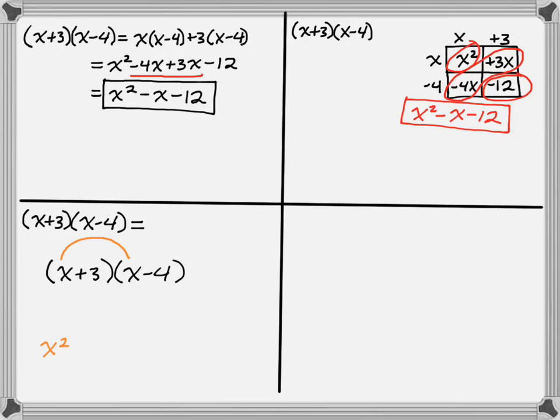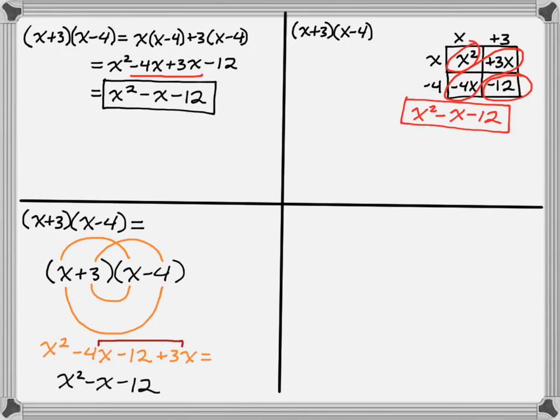So I do x times x, and then I'm going to do x times negative 4, which gives me negative 4x. Then I'm going to do 3 times negative 4 to get negative 12, and then 3 times x, and then I'm going to, again, have to combine some like terms, and you can see I get the same thing. I don't know if you can see it.